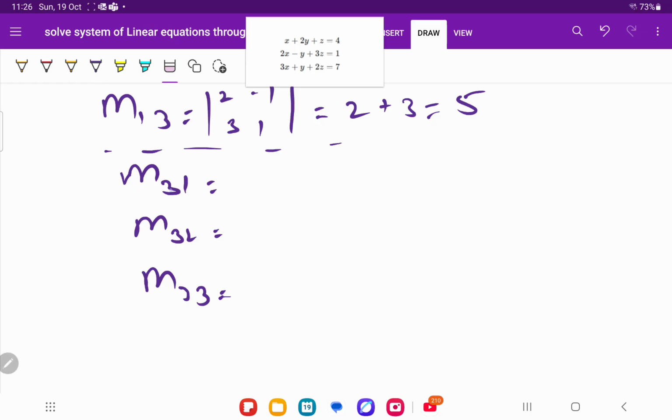We will have M21 and M22. So 2, 1, 2, 2, 2, 3. This is the A matrix.